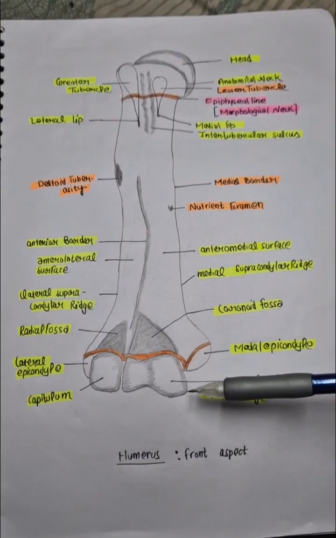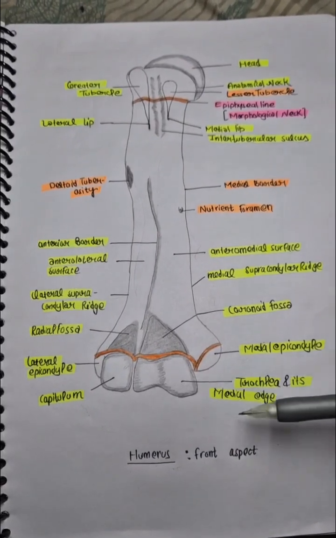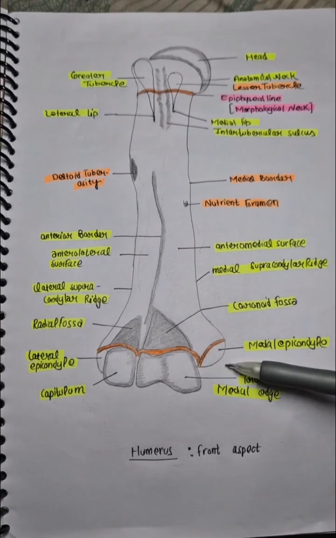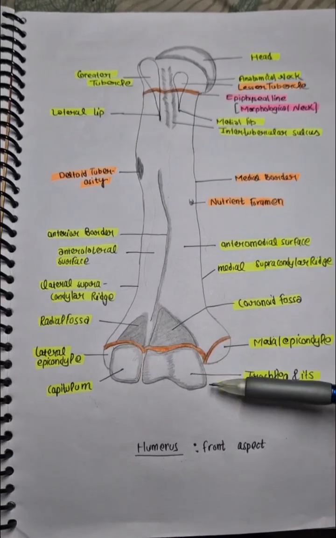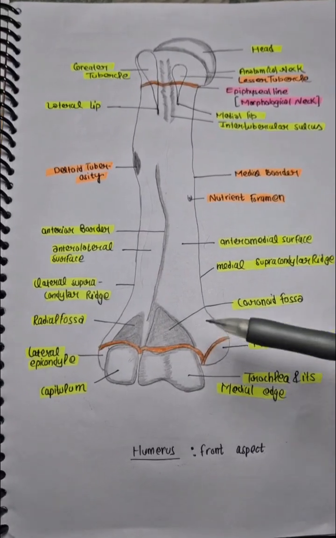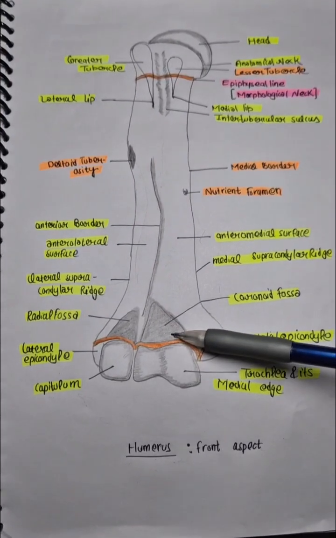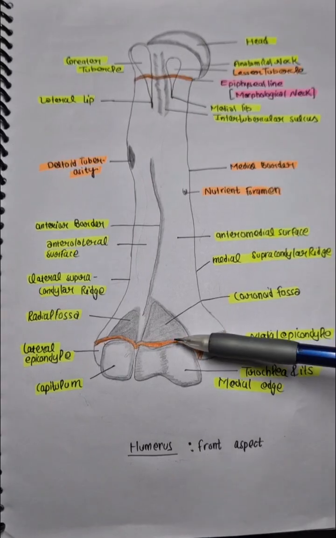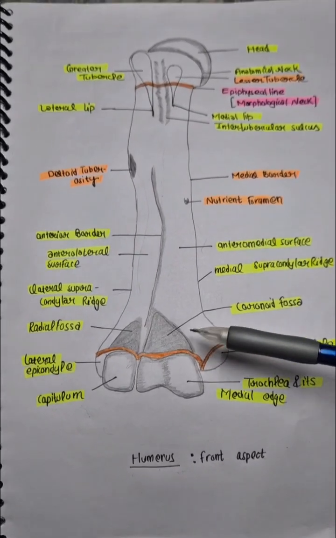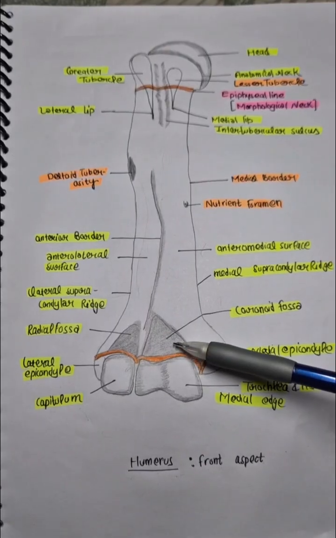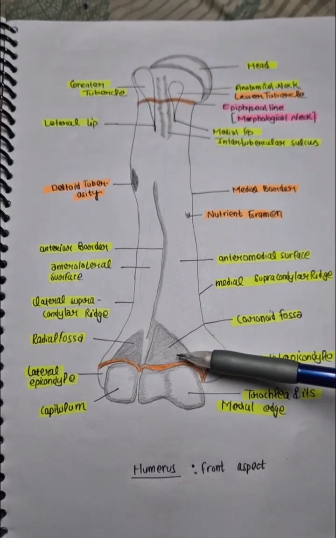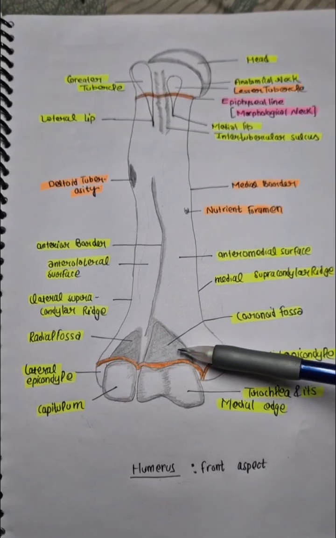Now we come to the fossae above these condyles. Above the trochlea, on the anterior aspect of the humerus, a coronoid fossa or depression is present, which accommodates the coronoid process of the ulna when the elbow is flexed.